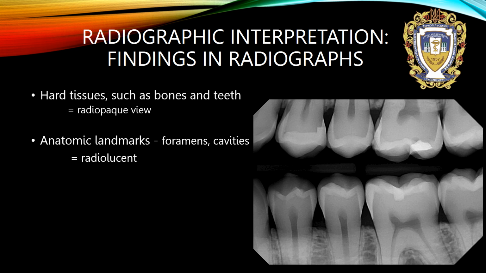Anatomic landmarks, foramens, cavities: radiolucent. For example, the pulp chamber and root canals are radiolucent.